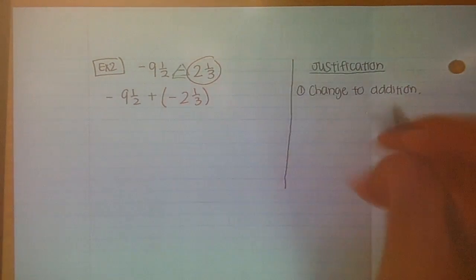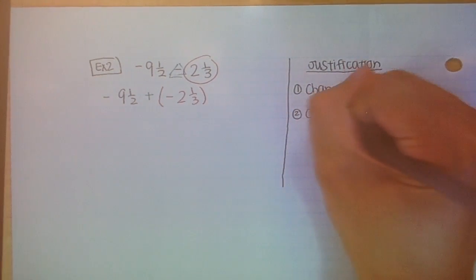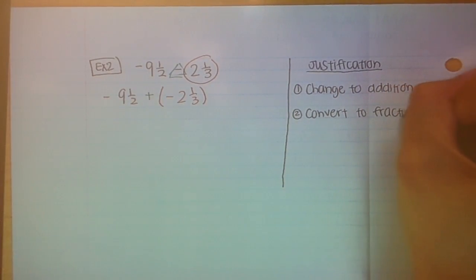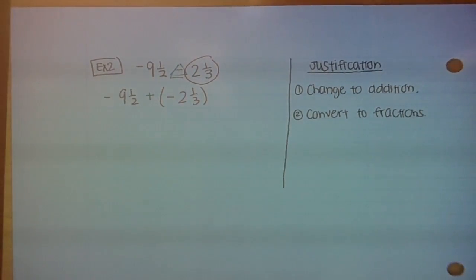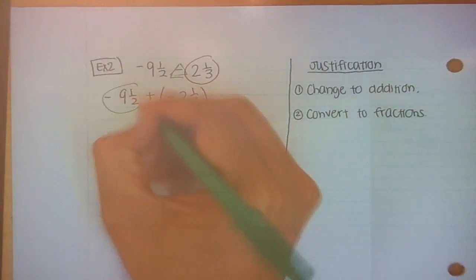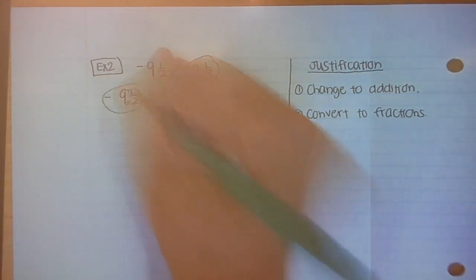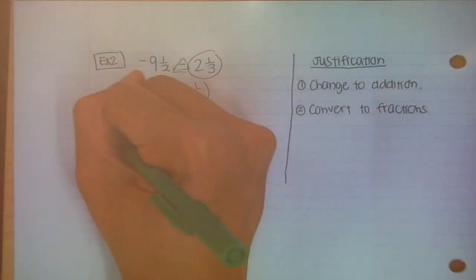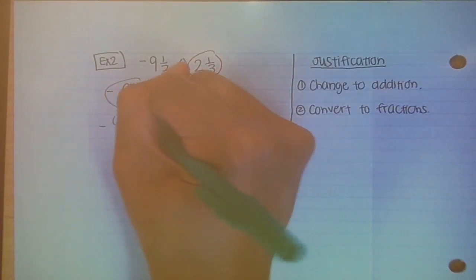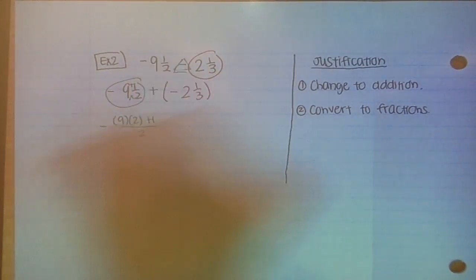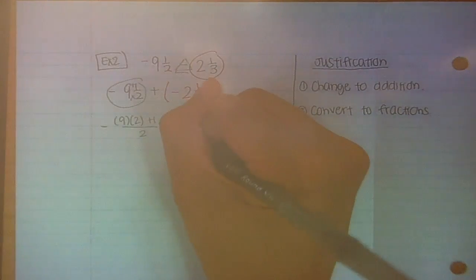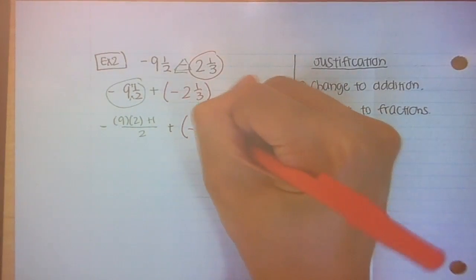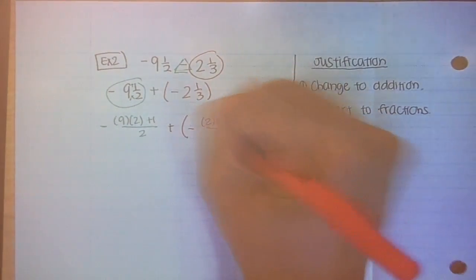Then the second step is to change to fractions. And we do that by multiplying the denominator and adding the numerator. So the first number is negative. Make sure you keep the negative sign. I have 9 times 2 plus 1 all over 2. And I am adding another negative number, so make sure it stays negative. 2 times 3 plus 1 all over 3.